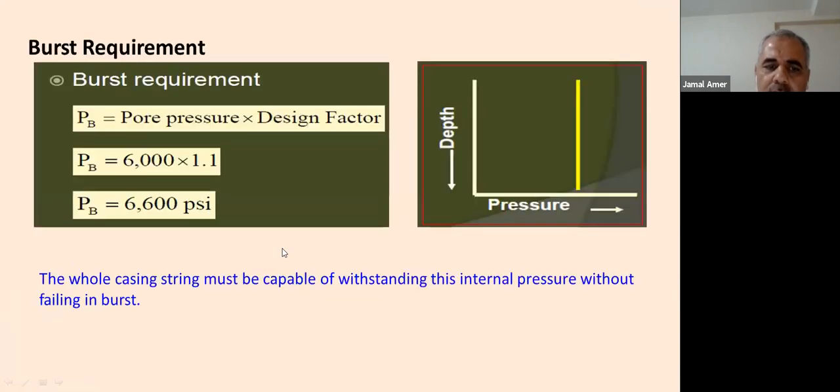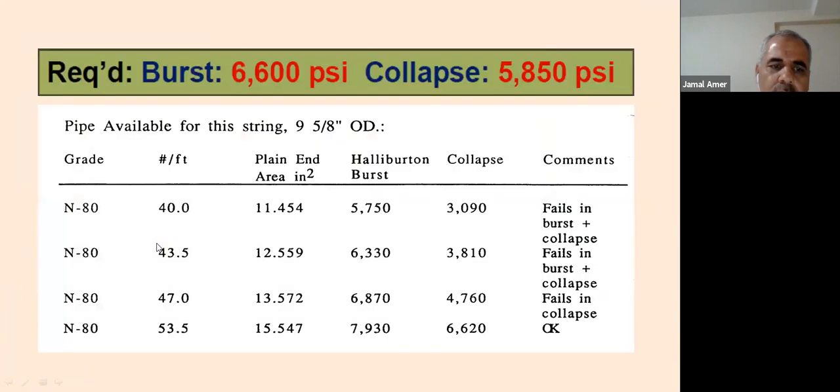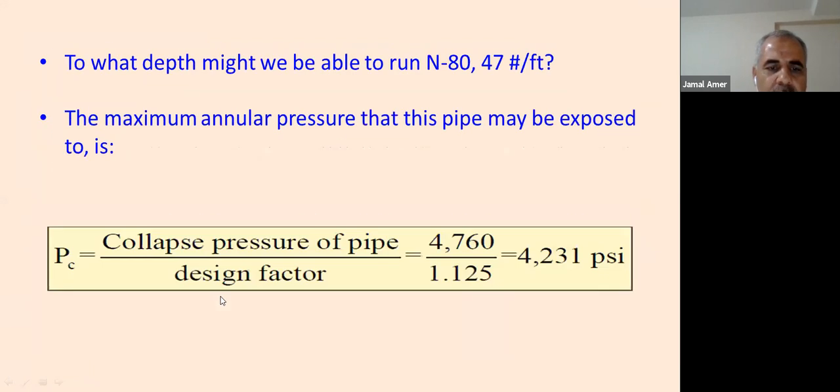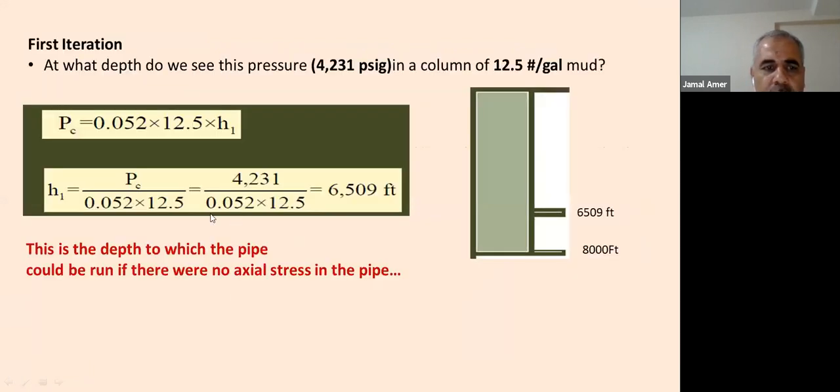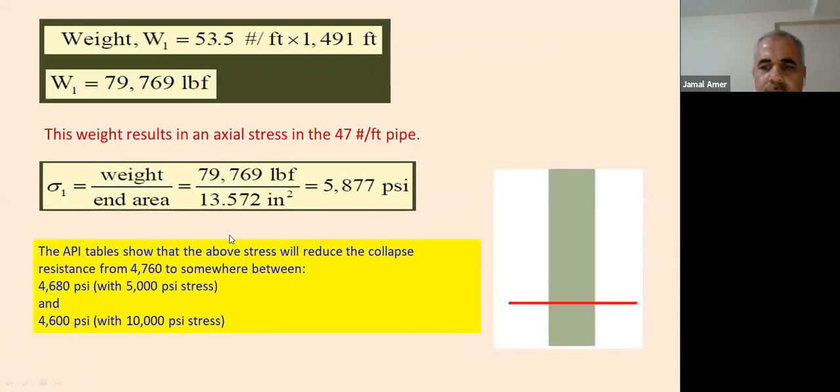So N80 we can use, meaning N80 53 and N80 47, but for 47 we have to find which depth this grade can withstand.